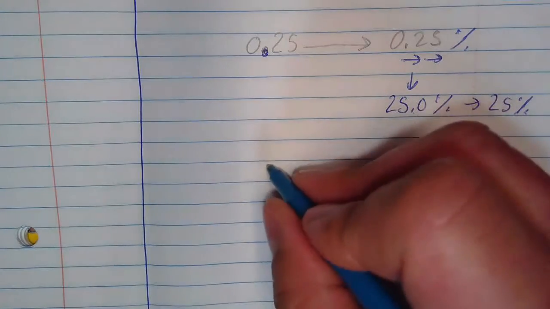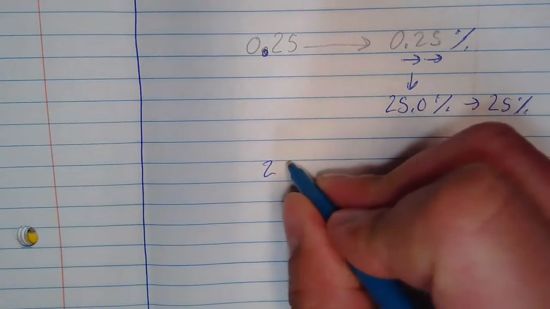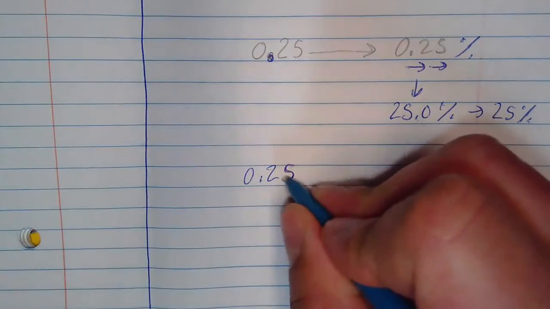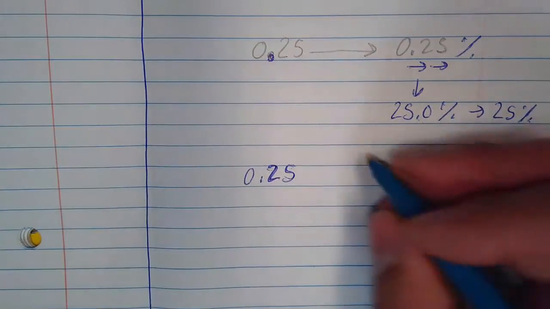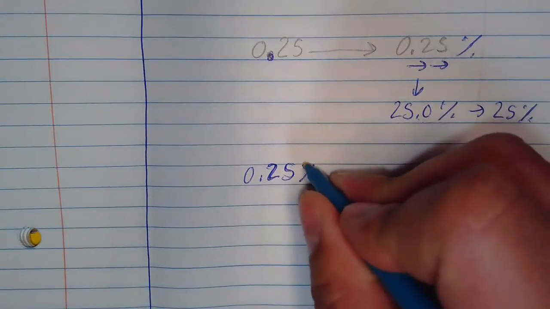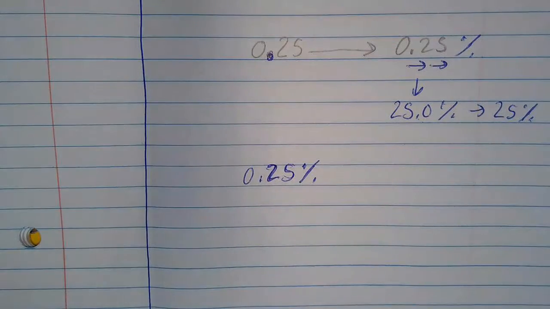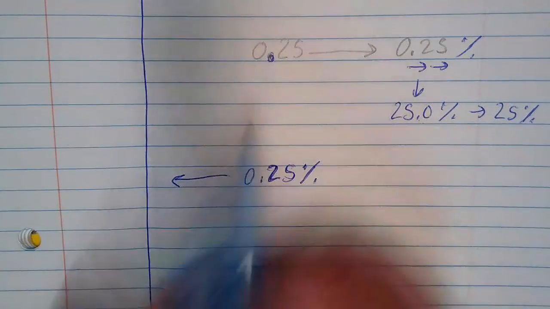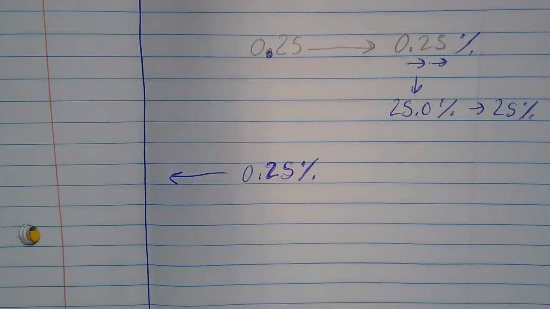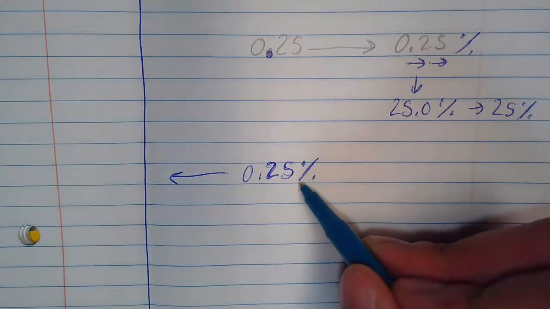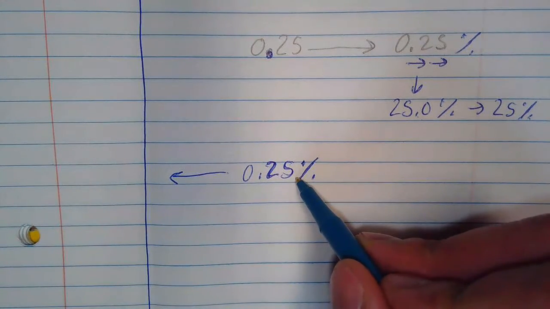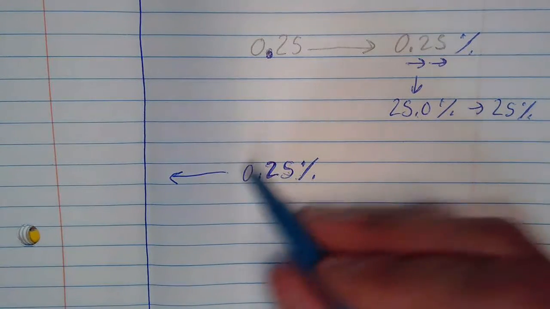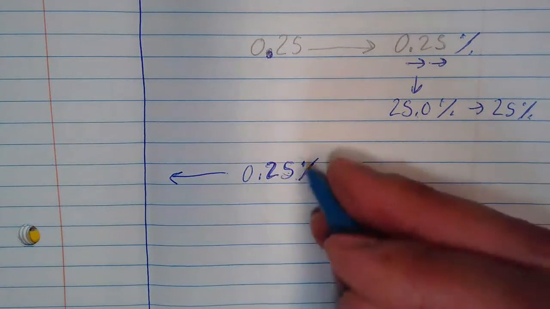Okay, let's go the other way around. Same thing, let's use the same 0.25. But this time it's a percent. Okay. I want a decimal. So I'm going to go this way. Guys, this is very important. Listen to me very closely when I say this. This is a percent. The minute I take it, I have to convert this to a decimal number. Yes, there's a decimal point there, but it's not a decimal number, not in the way you think.